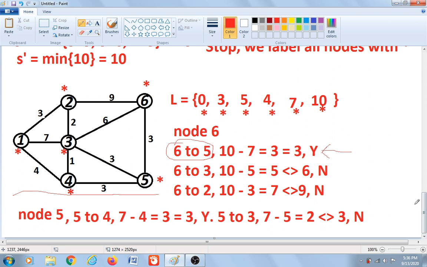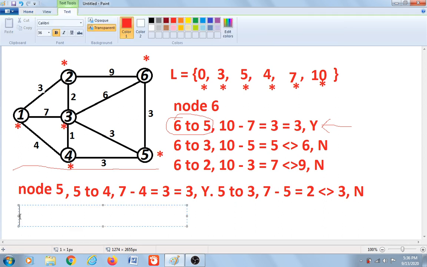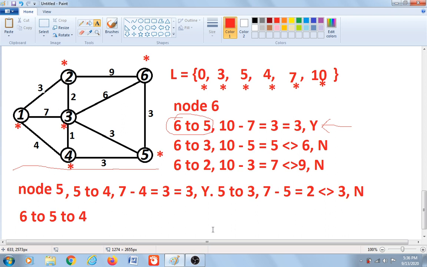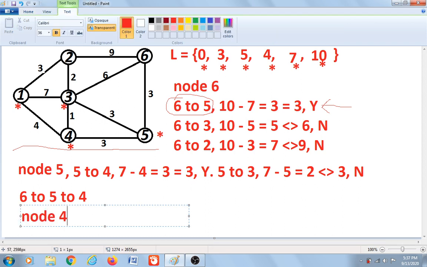I think I need more space. So here, 6 to 5 and 5 to 4. Now we go backward from 4. From node 4, we can go backward to 3, and we can go backward to 1.